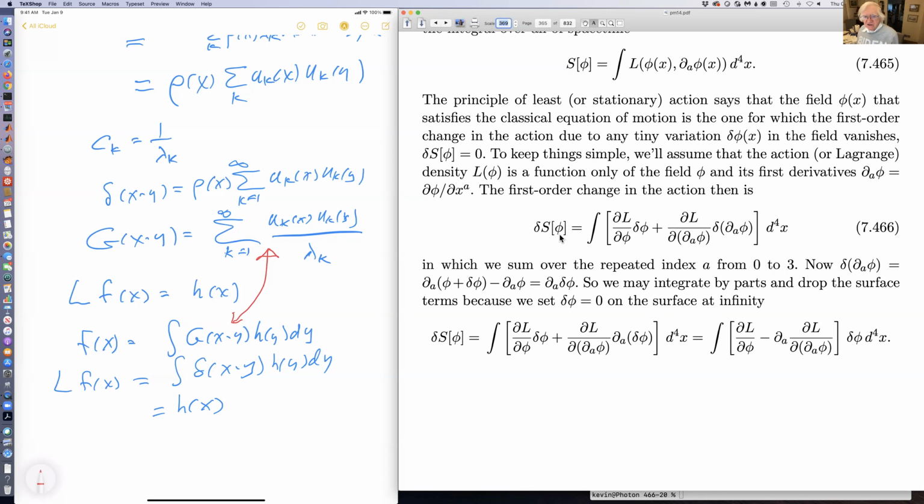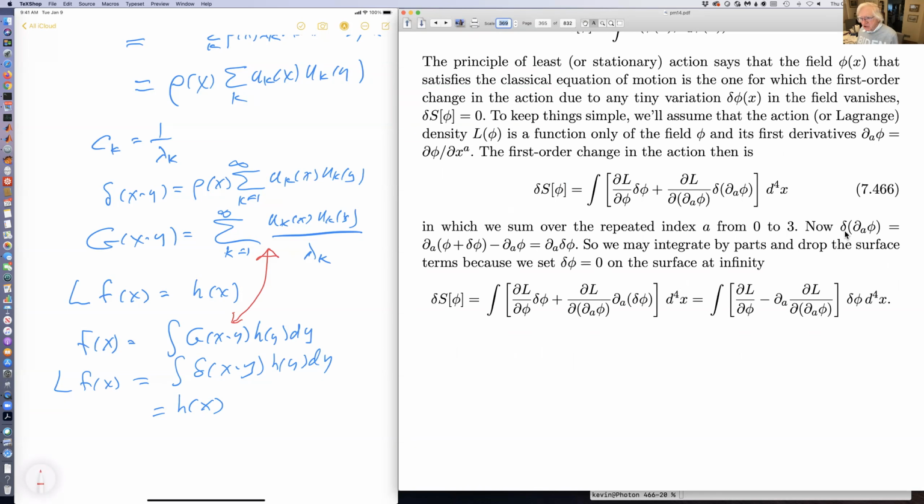So what's the change in the action? Well, it's an integral over space-time of the derivative of the action density with respect to the field, plus the derivative of the action density with respect to the first derivative of the field times the change in the first derivative of the field. And we are summing here over A, the index A from 0 to 3.